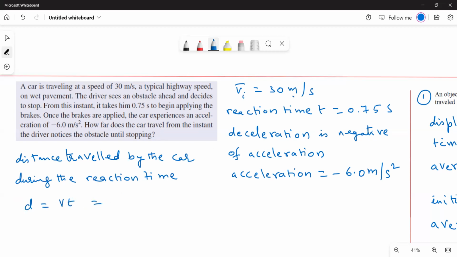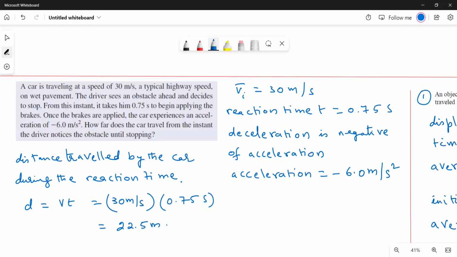We know the velocity and the time. So 30 meters per second times 0.75 seconds. What is the value we get? 22.5 meters.